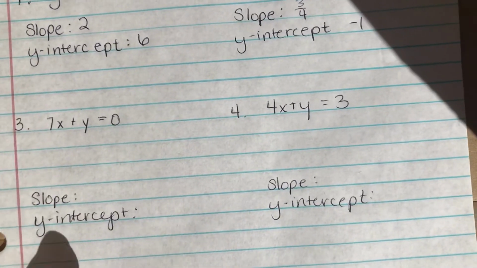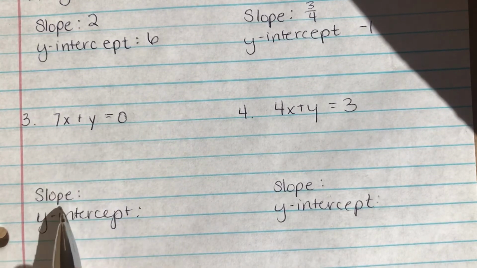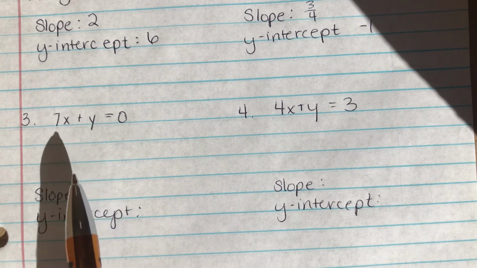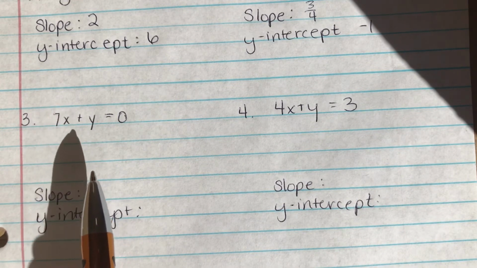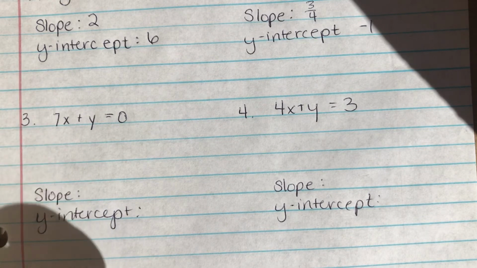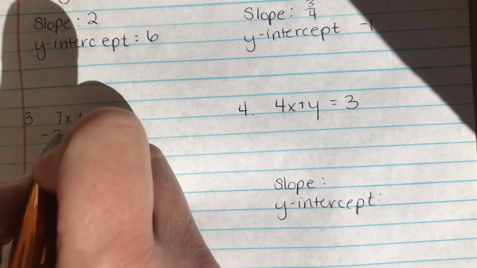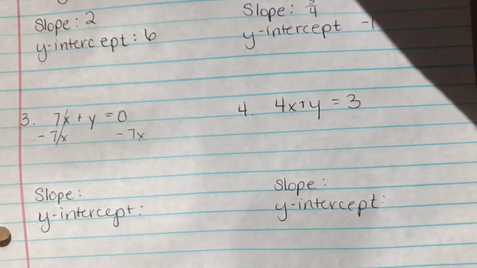Now, the next section here is not in slope-intercept form. So when I'm looking at this, I wanted to say y equals mx plus b. And right now, the x is on the same side as the y. So we need to move that. To move that over to the other side, I am going to subtract 7x. So subtract 7x, subtract 7x, cancel.